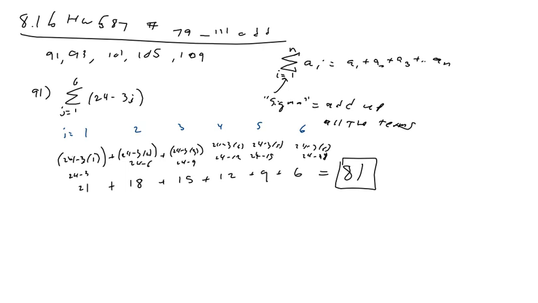We just plug in the numbers from 1 to 6 into this equation here, get the values, and then add them all up, up to the 6th term, because that's where it ends. Pretty straightforward.